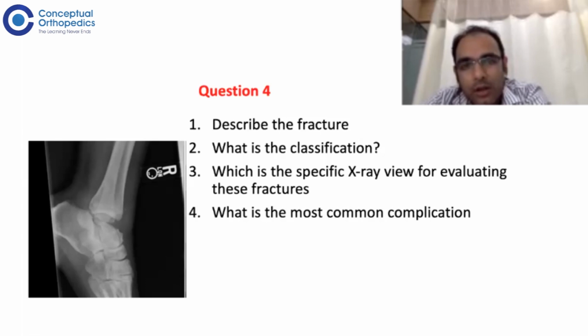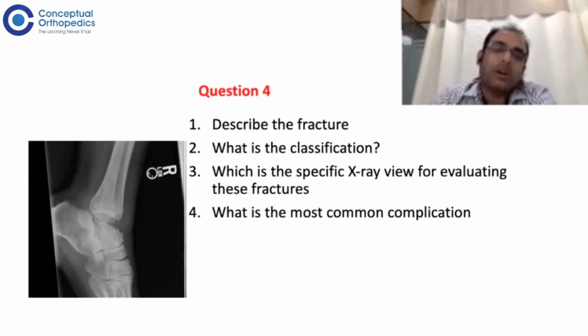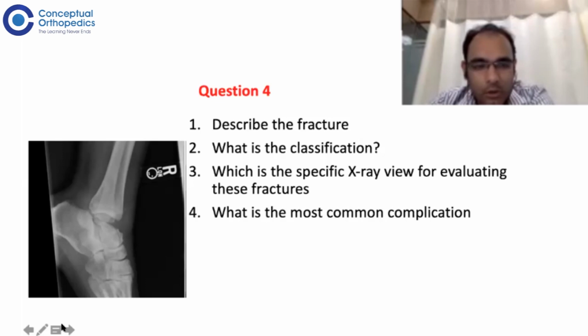It is probably not needed to know more in detail, but this is done with the ankle in plantar flexion and 15 degrees of pronation and an angle of 75 degrees from the vertical. What is the most common complication after a Hawkins type 3 talar neck fracture? The chances of avascular necrosis are very high, and avascular necrosis would be the most common complication.